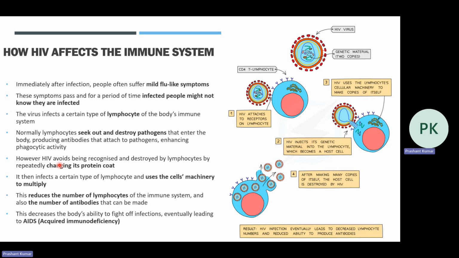The virus uses the cell's machinery to multiply, and in this way reduces the number of lymphocytes of the immune system. Of course, the number of antibodies will also go down. This decreases the body's ability to fight any infection, and eventually it will cause AIDS.